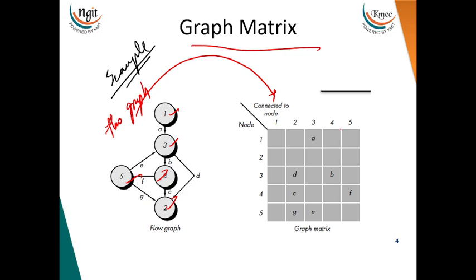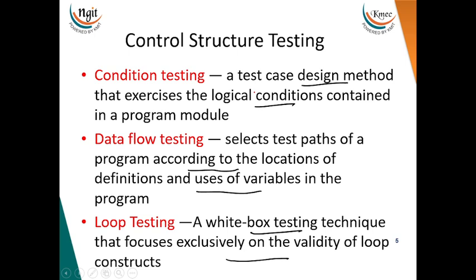So 1, 2, 3, 4, 5. 1 to 3 is a connection. 1 to 3 it's A, weightage is A. 3 to 4, it's B. And 3 to 2 it's C. 3 to 2 it's D. This is how graph matrix testing goes, how it is represented.